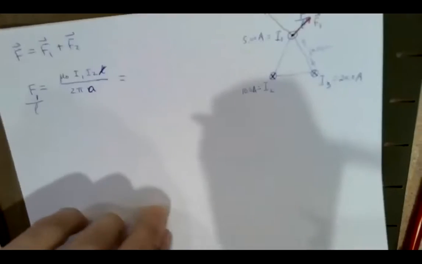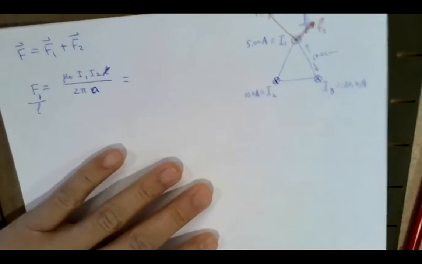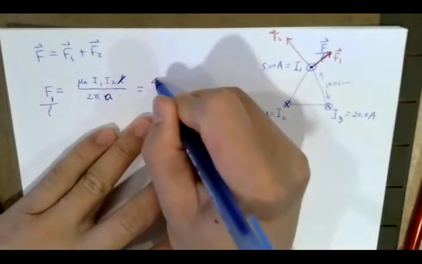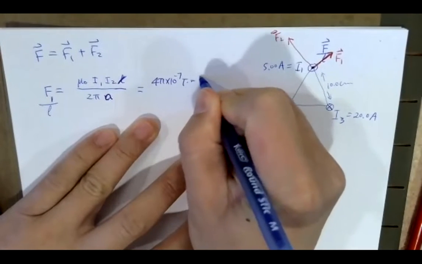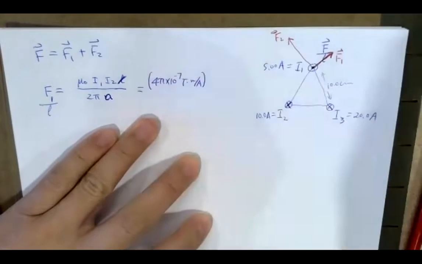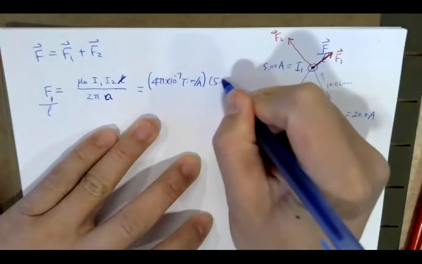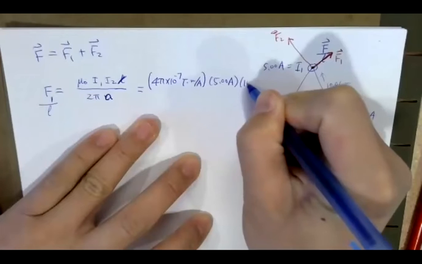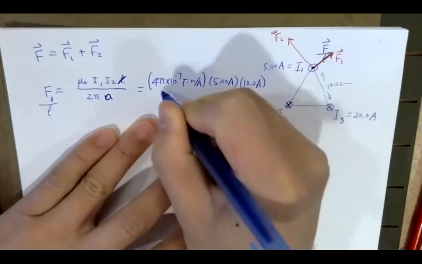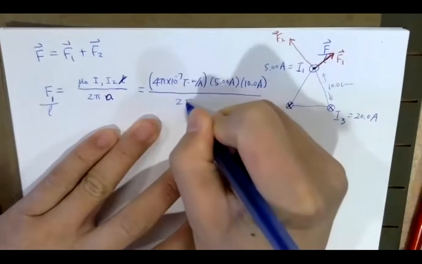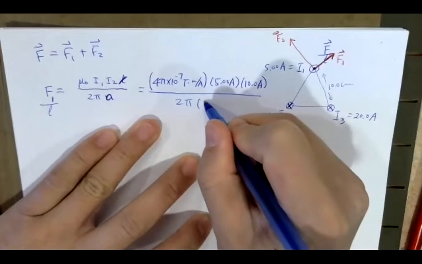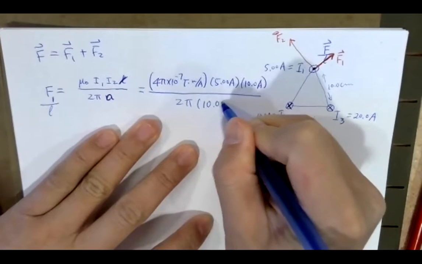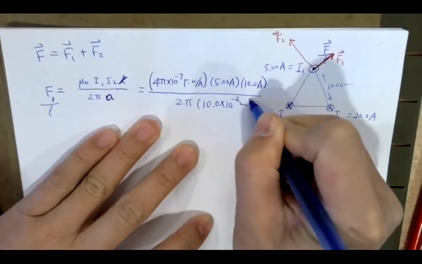So mu naught is 4 pi times 10 to the minus 7, I1 is 5, I2 is 10, divided by 2 pi times this distance, which is 10 centimeters, so 10 times 10 to the minus 2 in meters.